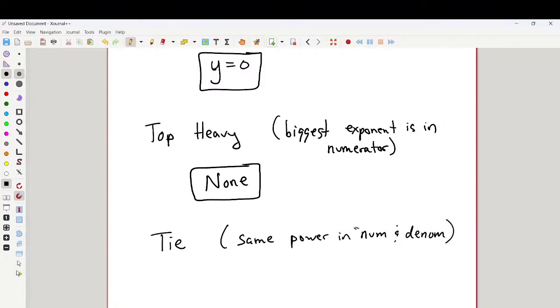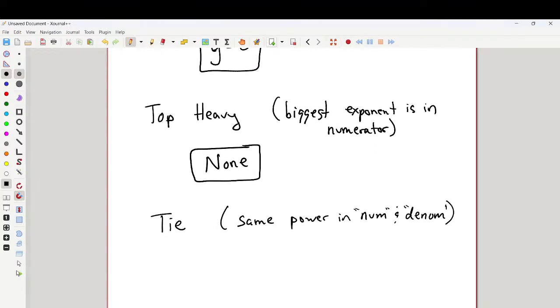I'm just abbreviating here, numerator and the denominator. Y equals the ratio of leading coefficients.